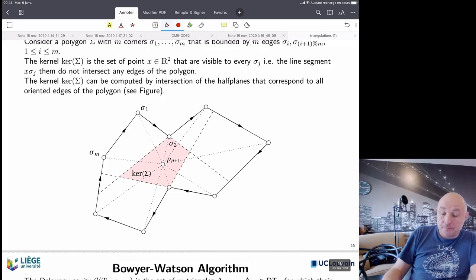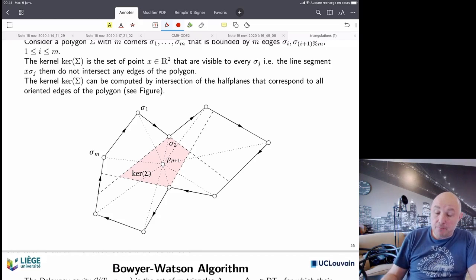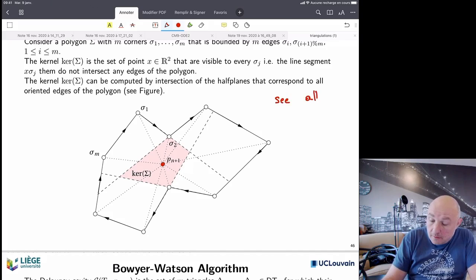So this is the thing. This is a polygon, okay? What you see here is a polygon. The kernel of a polygon is the set of points that actually see all edges, okay? From this point, it's not in the kernel, because if I'm looking at that point, I cannot see it because it's hidden by that face. So this doesn't belong to the kernel. Okay?